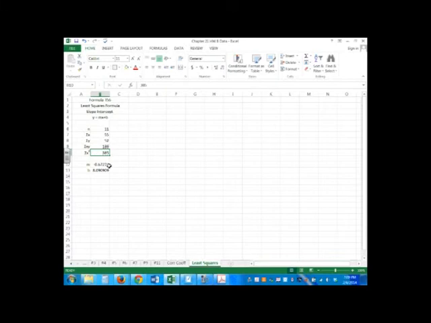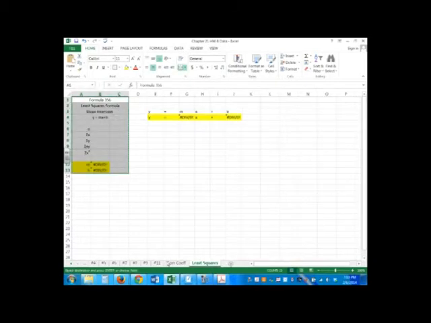Okay, then I look over on page 673 and I see that my m is minus 0.67 x plus 8.1.